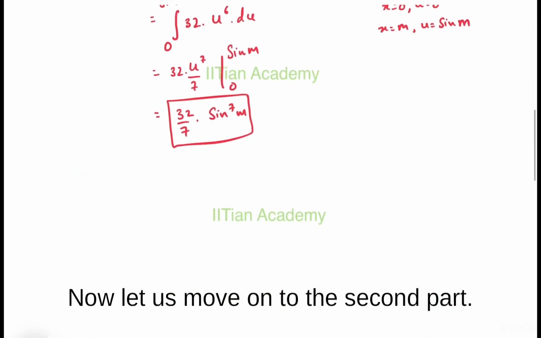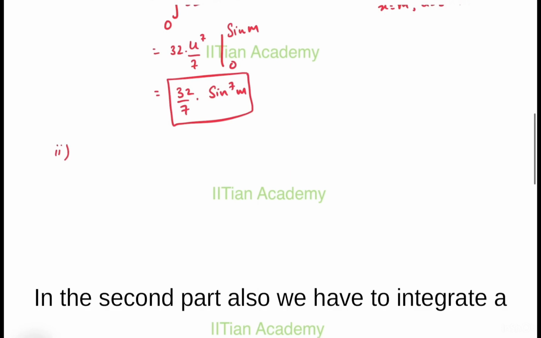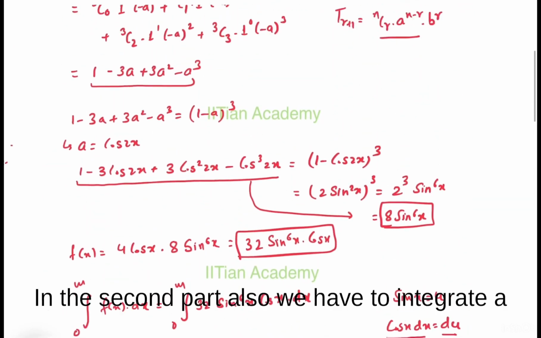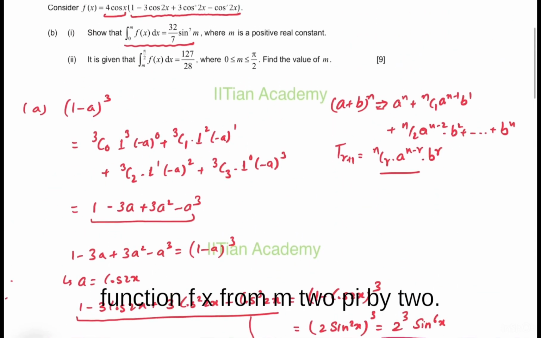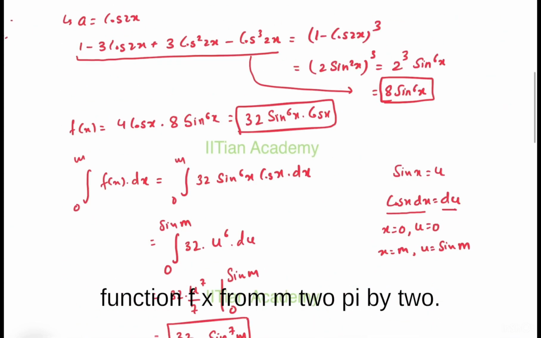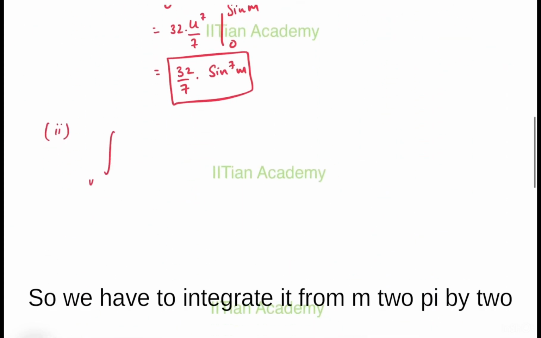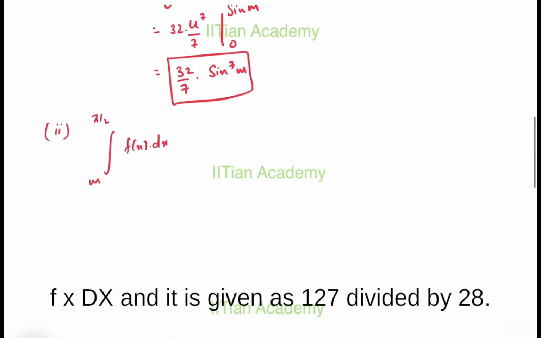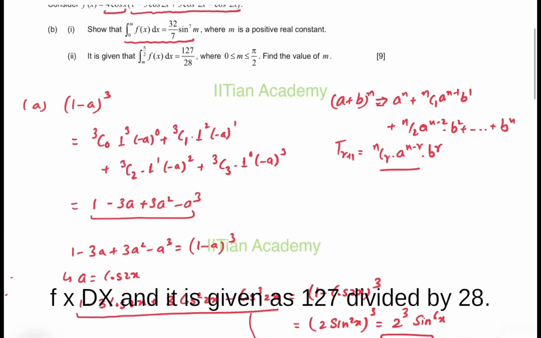Now let us move on to the second part. Here we also have to integrate the function f(x) from m to pi by 2, and it is given as 127 divided by 28.